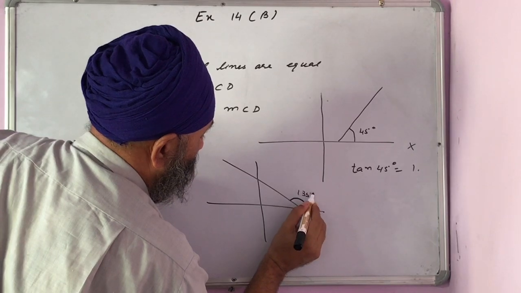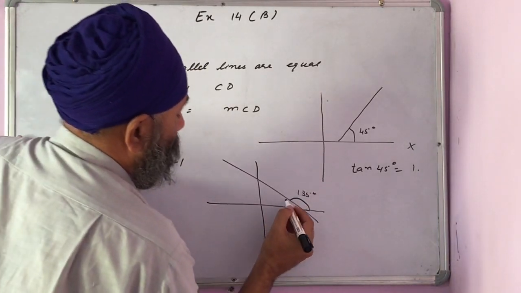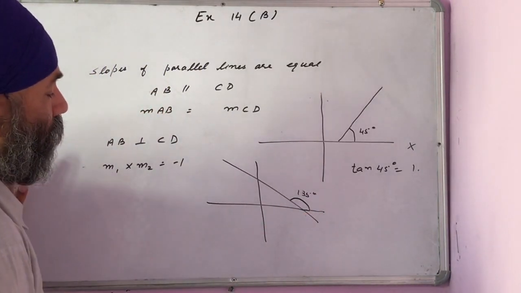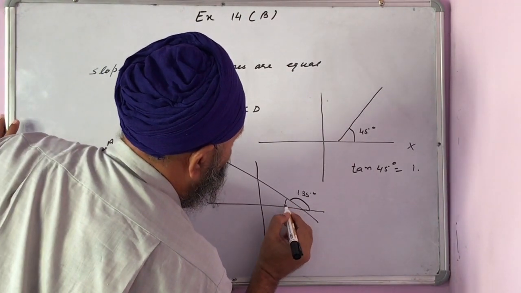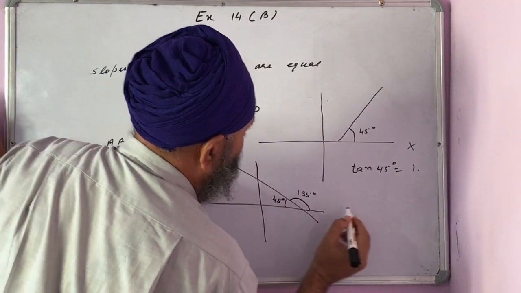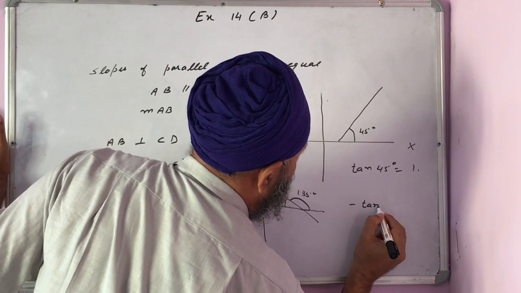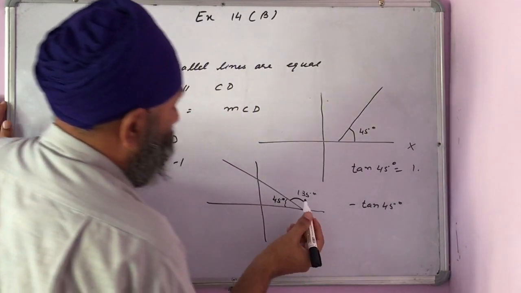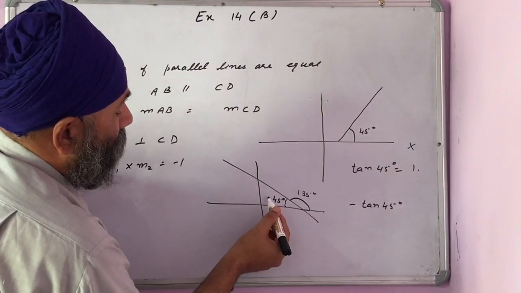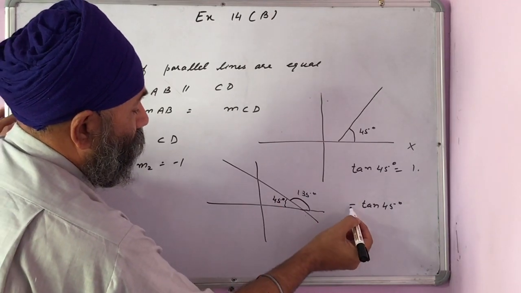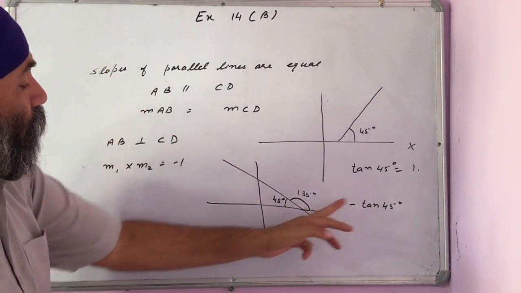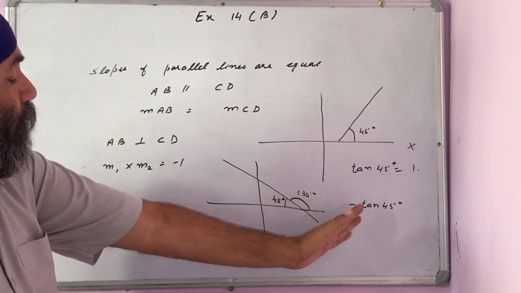Suppose this is 135, then I don't know the value of tan 135. I find this angle, this is 45, then it will be minus tan 45. I will use negative sign if the angle is more than 90 degree with positive side.